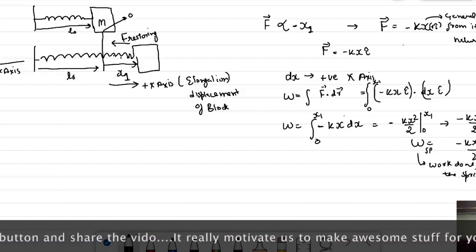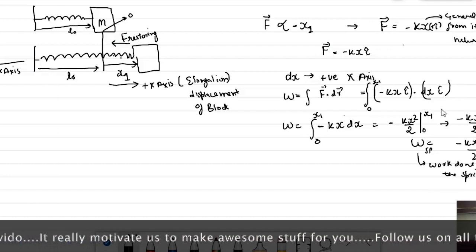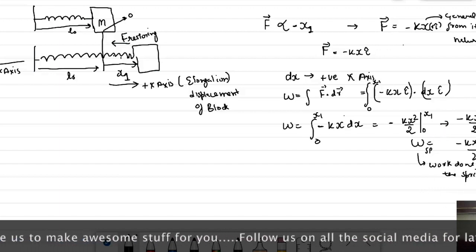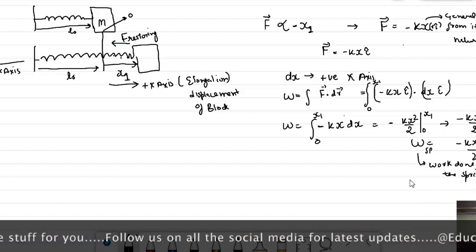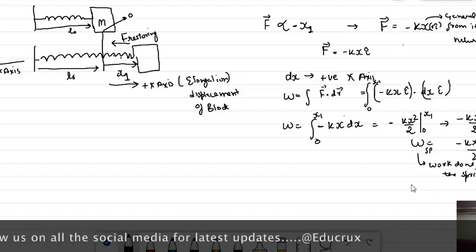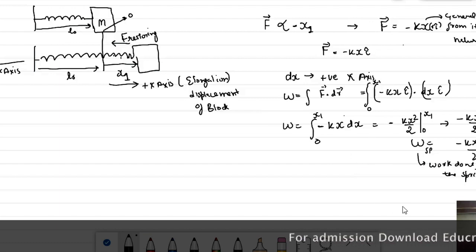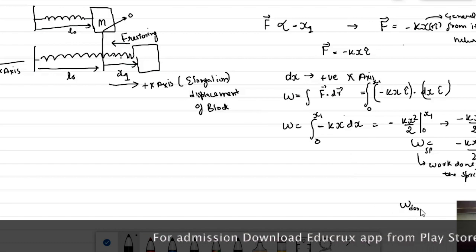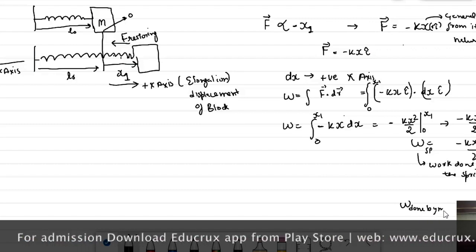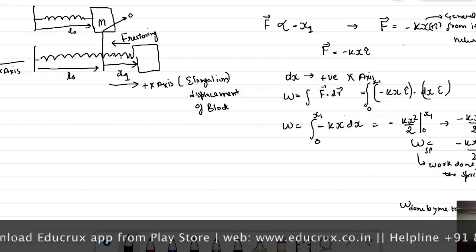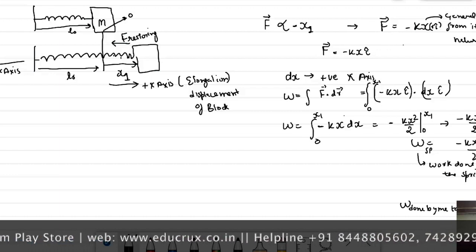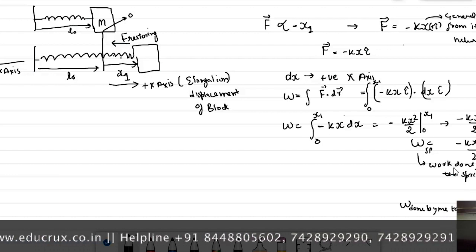Now if I have to elongate the spring by x1, then the work done by me, or by the external force that I will apply to elongate the spring, will be the work done by me to elongate the spring. So I should write it separately.